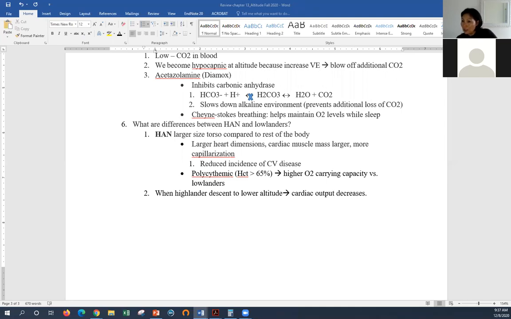Okay, how is Cheyne-Stokes breathing different from sleep apnea? So Cheyne-Stokes breathing is related to CO2 levels falling. So it's related to the chemoreceptors detecting that falling in CO2, which then signals to the brain to stop ventilation because we need to keep our CO2. Otherwise our blood pH increases too much, right? And we need to maintain homeostasis. Sleep apnea is usually related to obesity.